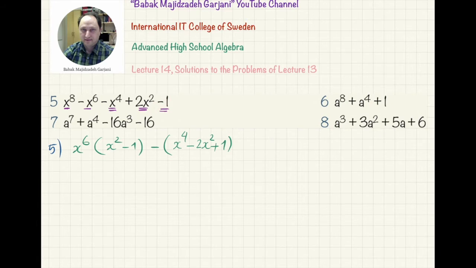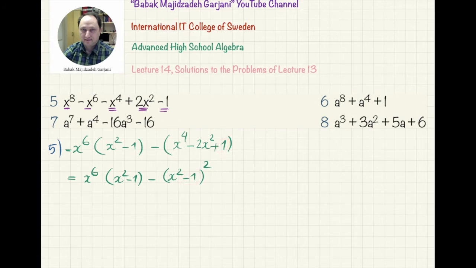Okay? Now, what is the benefit of this? Let us continue. This becomes x to the 6 times x squared minus 1. But this second one is a quadratic pattern. So if I collect the terms, it becomes x squared minus 1, all to the 2. Let us check it again. The first one to the 2 gives you x to the 4. 2 times the first one times the second one gives you exactly this term. And finally, this 1 to the 2 will give you positive 1. Yes?